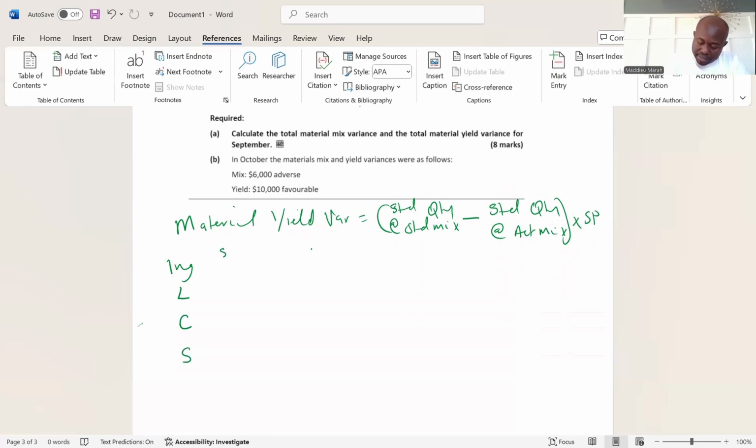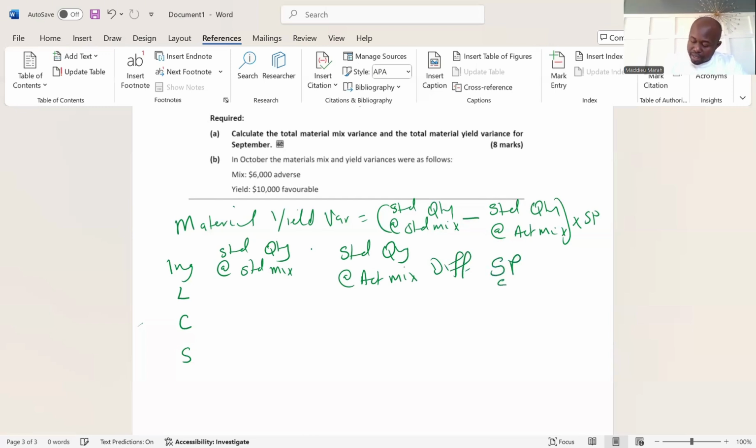And I'll bring my standard quantity at standard mix, my standard quantity at actual mix, my difference, my variance in kg, my standard price in dollar terms, and my variance in value. So this is my table.